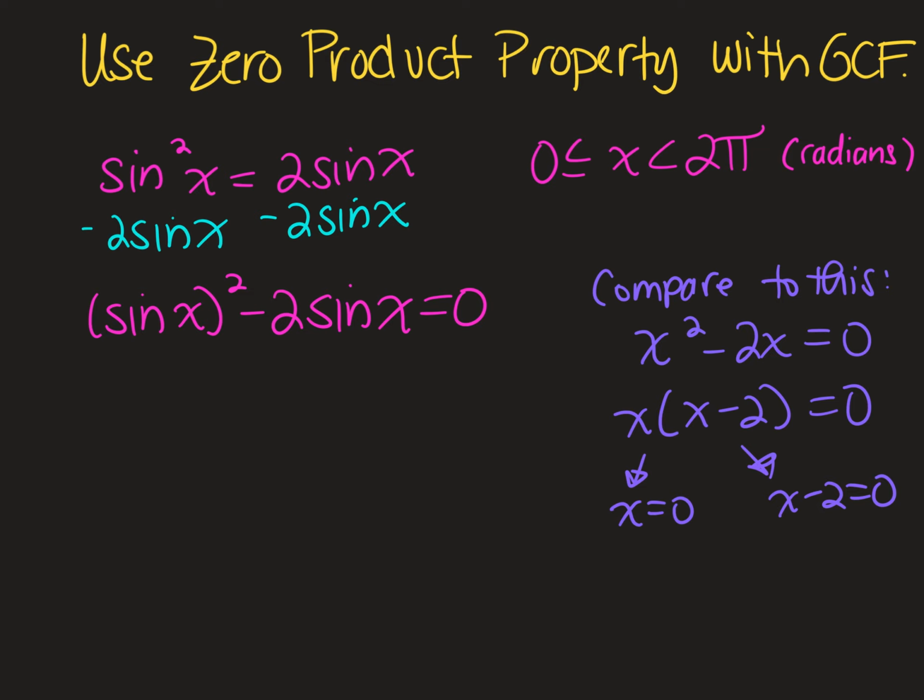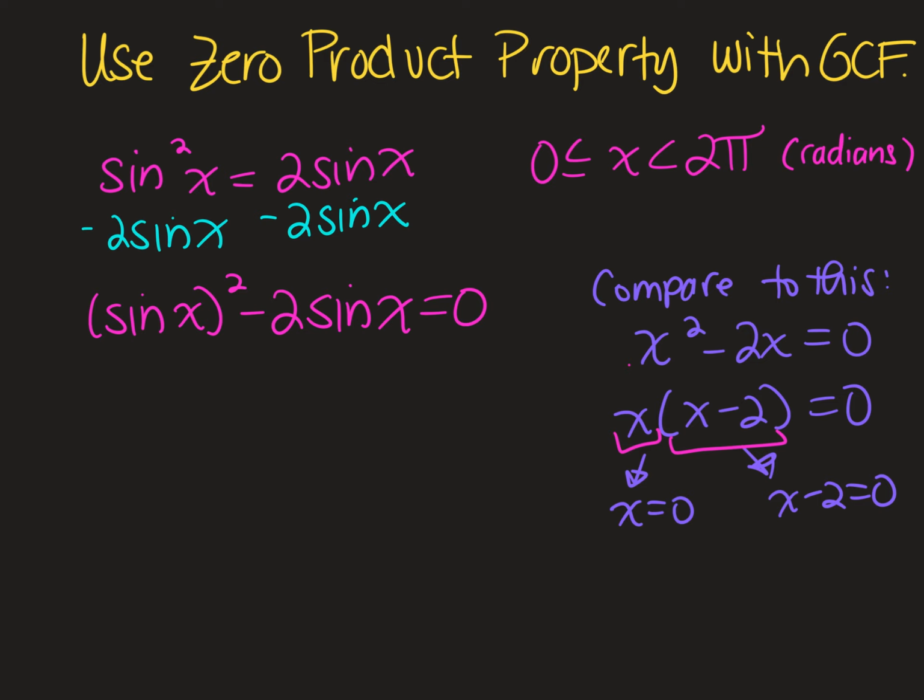The zero product property literally says if you're multiplying two things together, which we are right here, and it is 0, then at least one of the two things has to be 0. That's why we set them equal to 0 like we do.